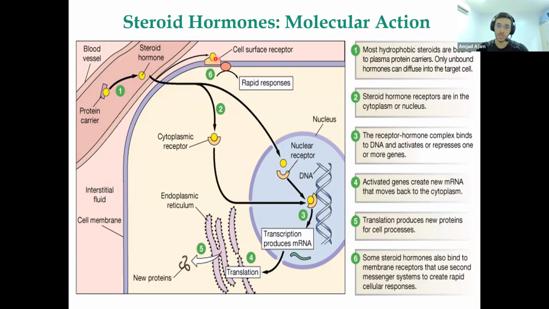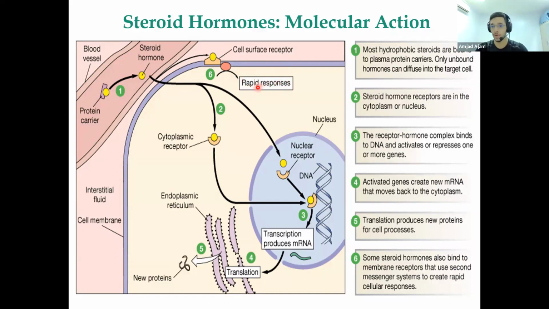We have a minor pathway, which is this one, in which the steroid hormone comes and binds to a cell surface receptor. So this receptor is only found on the membrane of the cell. Once the steroid hormone binds here, it will induce the rapid response. So this binding will activate a cascade of signals, or it will increase the activity of second messengers like calcium and cyclic AMP, in order to produce a rapid response.